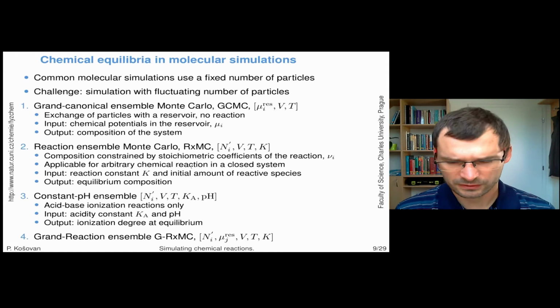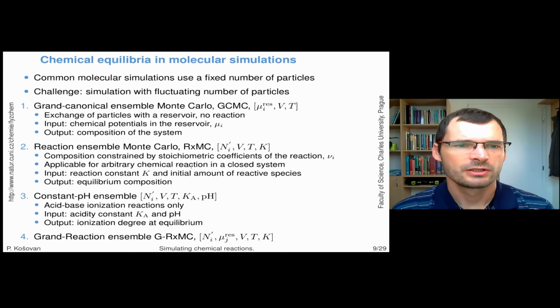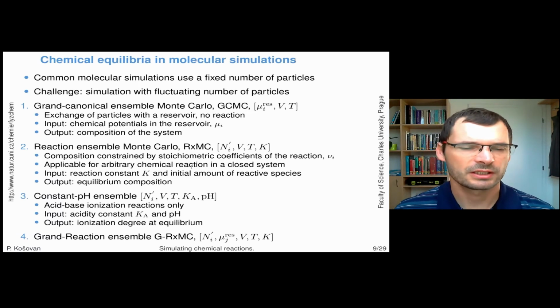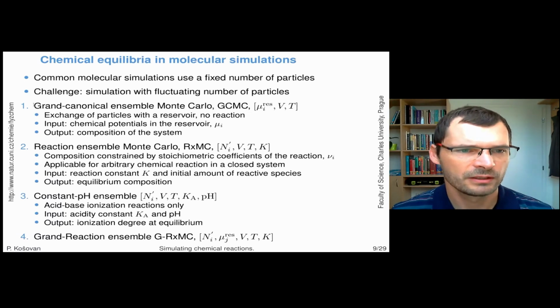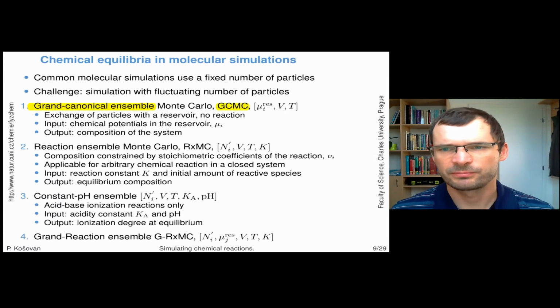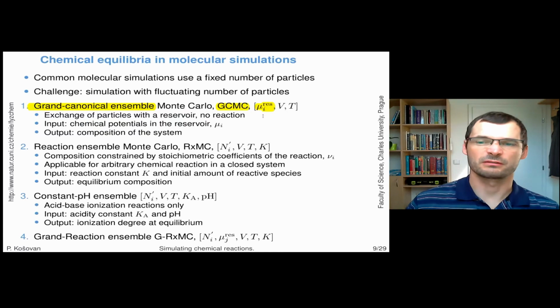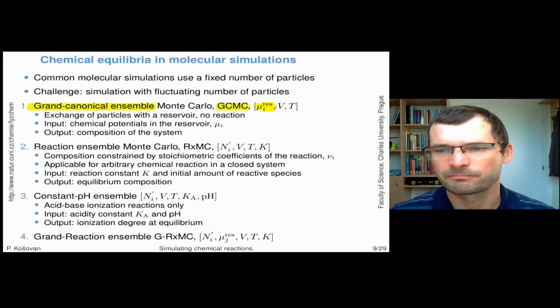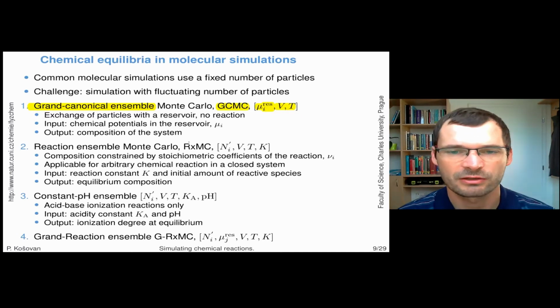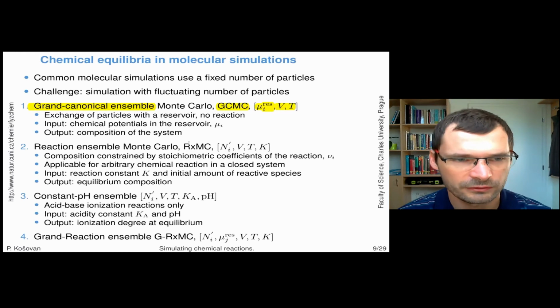If you look in simulation textbooks, you usually find one example of such a simulation method that I have listed here as number 1, the Grand Canonical Monte Carlo, which we abbreviate as GCMC, where our inputs are the chemical potentials of relevant species in the reservoir, volume and temperature of the system, and we have exchange of particles with the reservoir by means of inserting and deleting the particles.